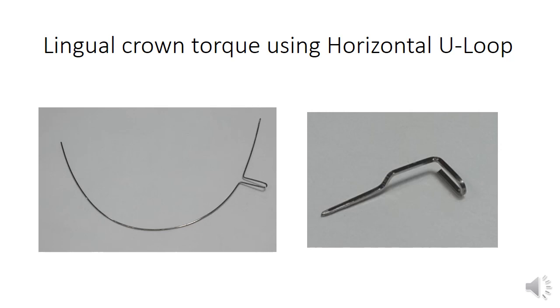As you can guess, this time we have a horizontal U-loop and an activation stick that is somehow similar to the activation stick of the horizontal box loop. HUL or horizontal U-loop is only for making lingual crown torque, and let's see how should we use it.